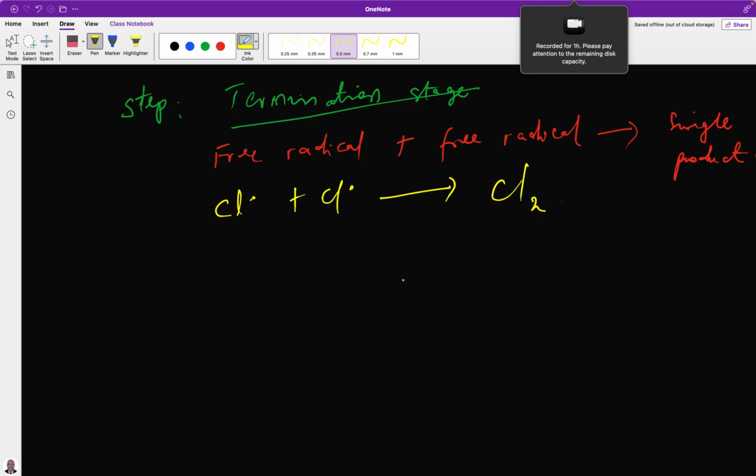A chlorine molecule. You will have a methane free radical plus a chlorine free radical. We will have what? Chloromethane.